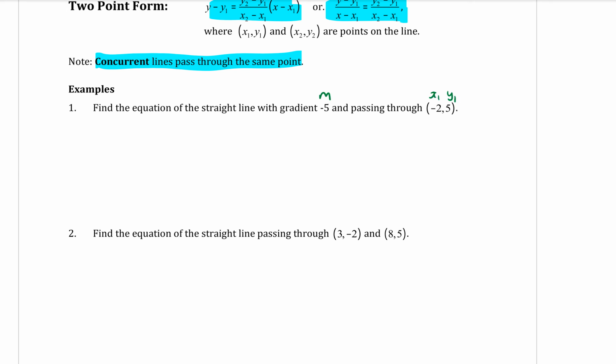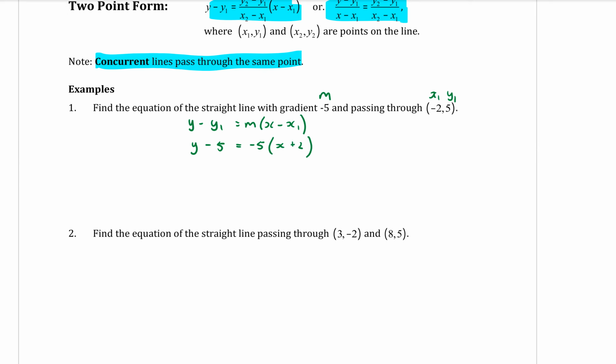The point gradient formula is y minus y1 equals m(x minus x1). Okay, and I sub in. There's always an x and a y that stays in the equation because I'm finding the equation of a line. So it's y minus 5 equals m is minus 5, x minus minus 2, which becomes a plus 2.